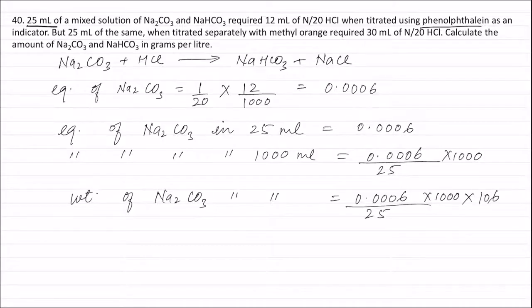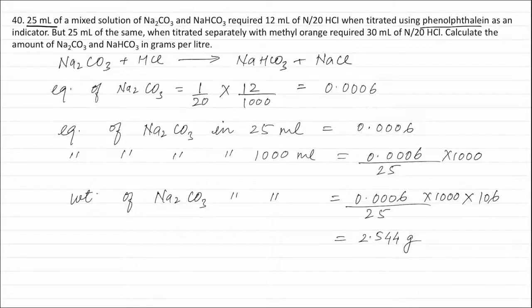Solving this, the weight of sodium carbonate in 1000 milliliter or 1 liter of solution will be equal to 2.544 gram. Therefore, amount of sodium carbonate present in 1 liter of solution is 2.544 gram.